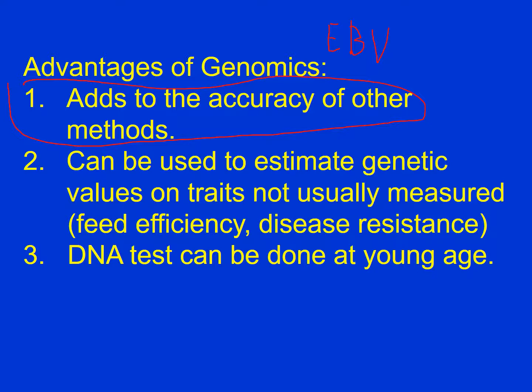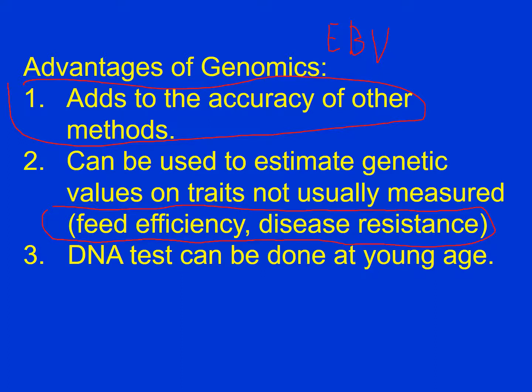It can be used to estimate genetic values on traits not usually measured, and we're doing a lot of work there. We still need to collect phenotypes and performance records on animals. But there are some traits, like feed efficiency, that are rather difficult to collect data on. With disease resistance, animals have to be exposed to a pathogen to get the disease, and we would prefer not to do that.